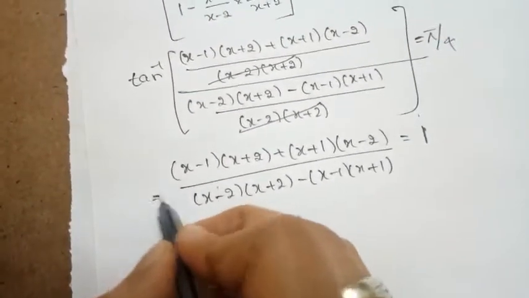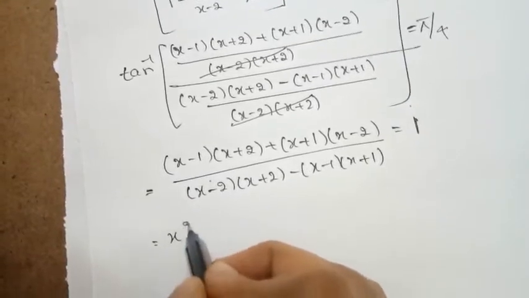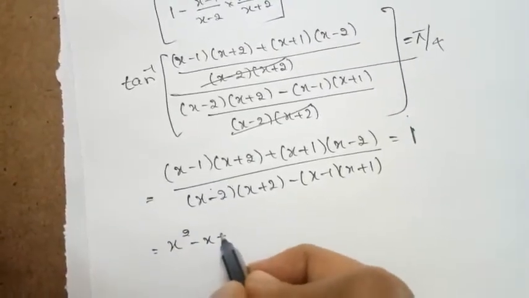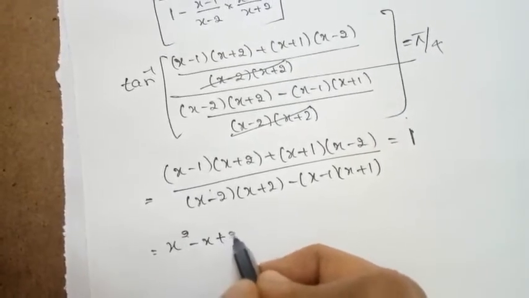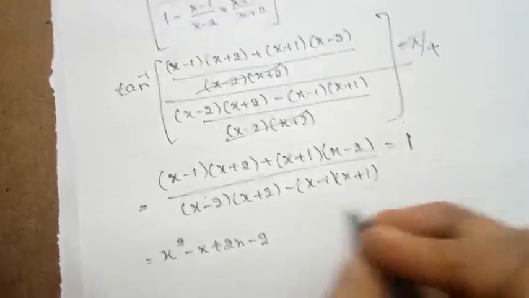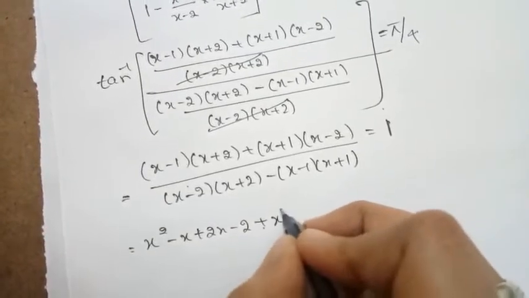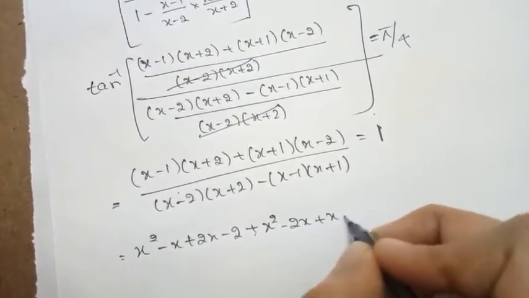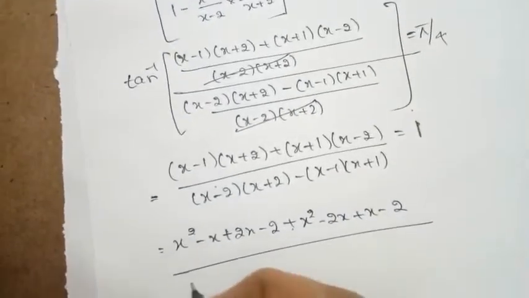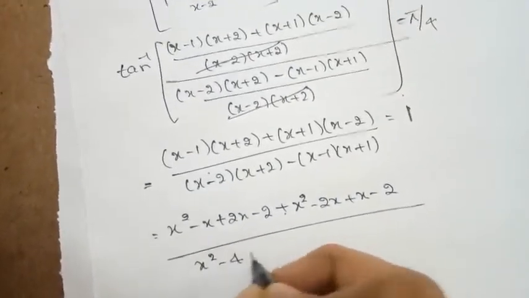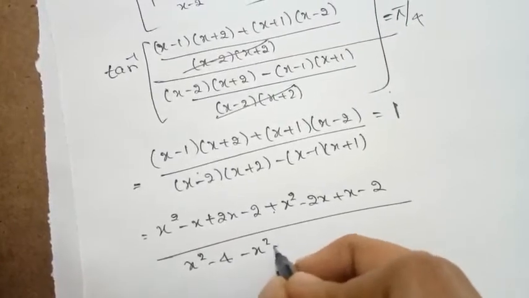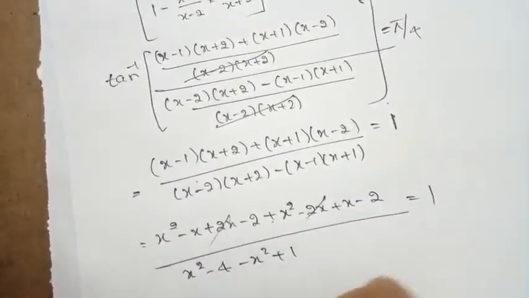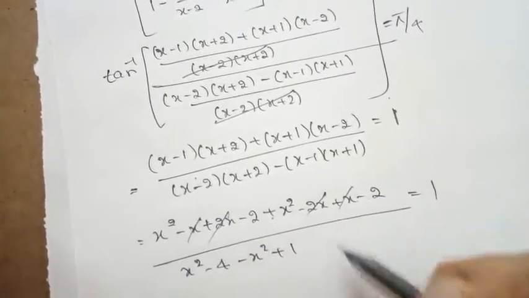Now I am solving this one, that is nothing but x square minus x plus 2x minus 2 plus x square minus 2x plus x minus 2 divided by x square minus 4 minus x square plus 1, which is equal to 1. Plus 2x minus 2x get cancelled, minus x plus x get cancelled.